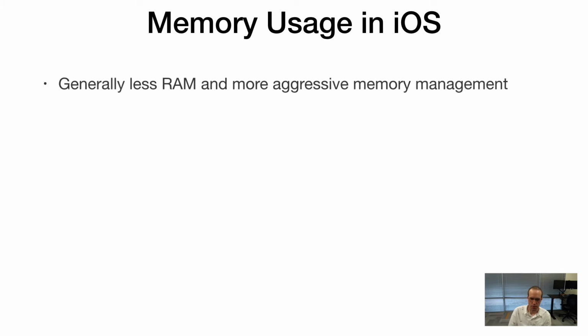One of them is if you're targeting iOS, you need to be conscious about the memory usage. And this is just kind of a generality. On iOS, there is typically less RAM than, say, Android, and the operating system has more aggressive memory management. So if you're developing a single-page web application, when you navigate between screens, it doesn't do a full page reload that totally kills all the memory and starts the application fresh again.